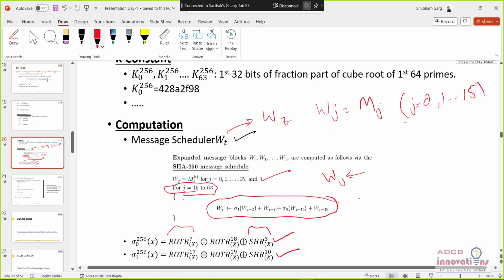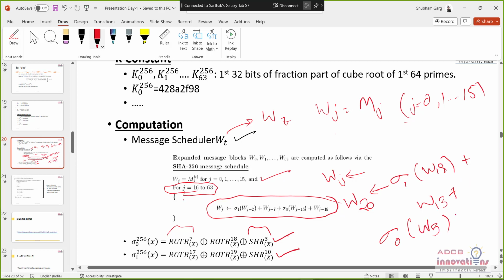All right, let's say we are calculating, because it is for j equal to 16 to 63, let's say we are calculating w20. So w20 will be sigma 1 of w18 plus wj minus 7, that is 20 minus 7, that is 13, plus w13, plus we can see it is sigma 0 for wj minus 15, that is w5, plus wj minus 16, that is w4.